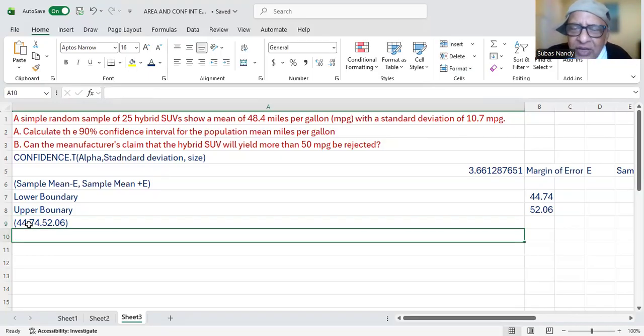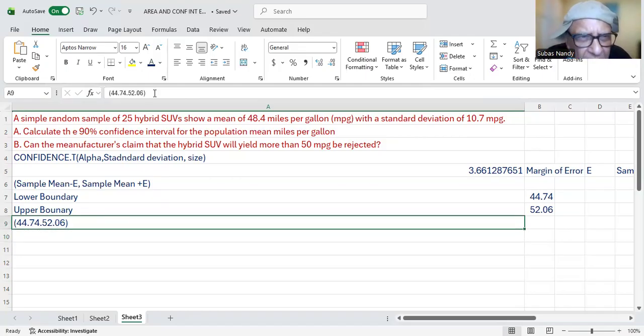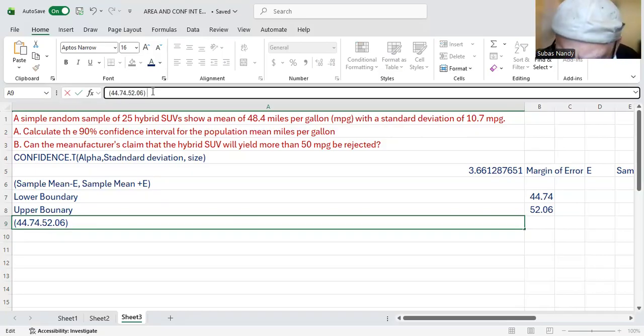So that is our 90% confidence interval for the mean.